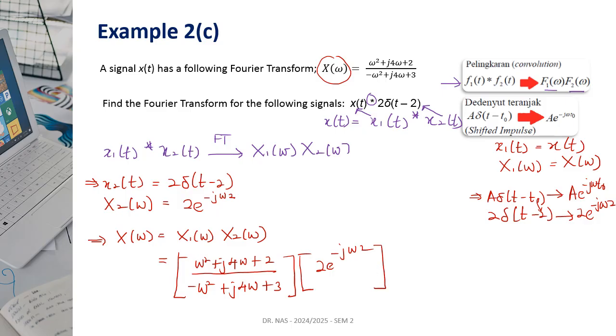Then simplify the equation. Please simplify or solve the equation. Okay, with that, thank you.